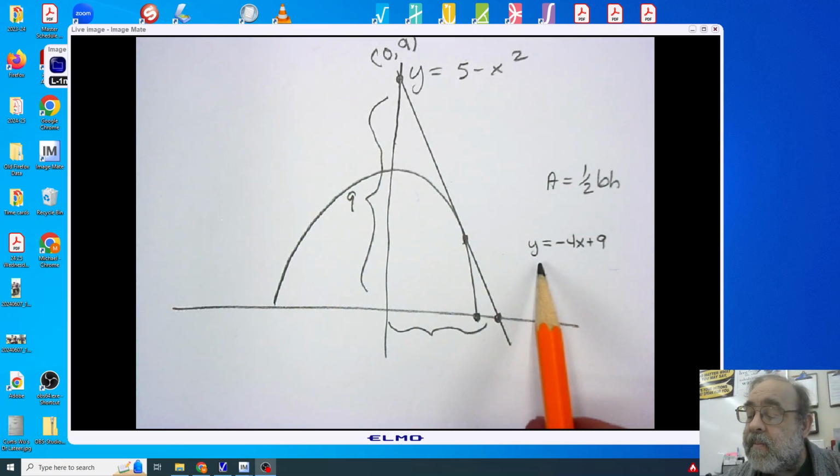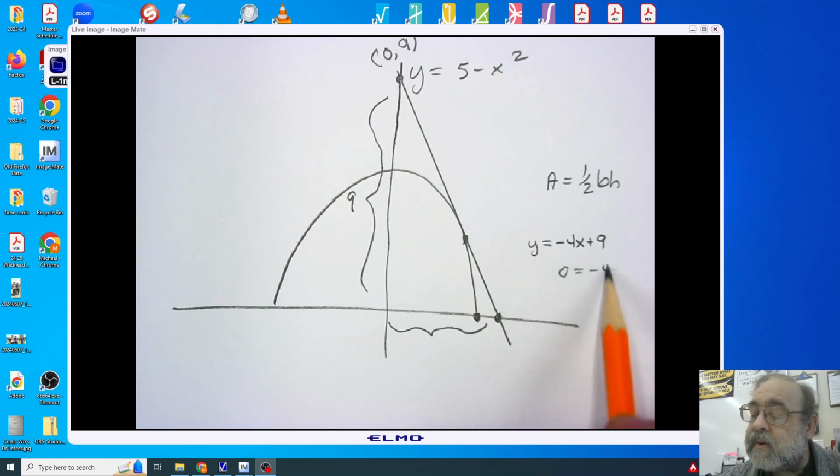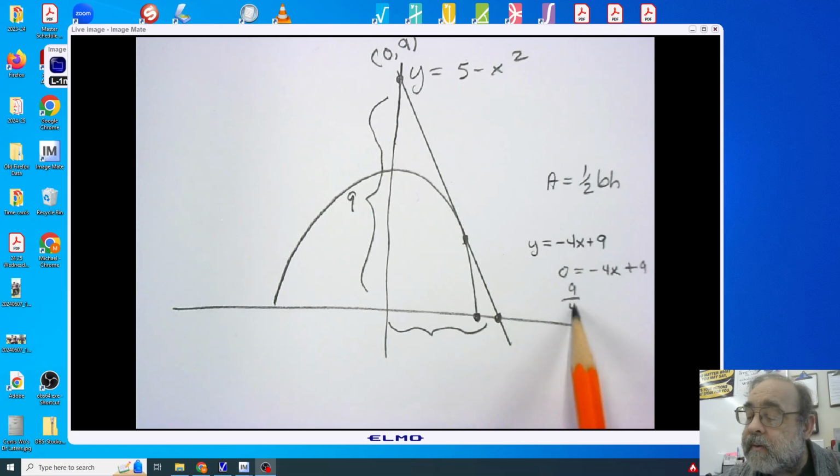Then I need to find my x-intercept, and that means letting y equal 0 and solving for x. And you'll notice I'm getting x equals 9/4. That means the x-intercept is (9/4, 0), and I have a length of 9/4.